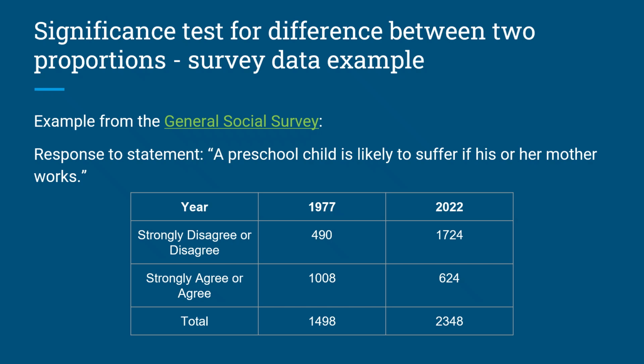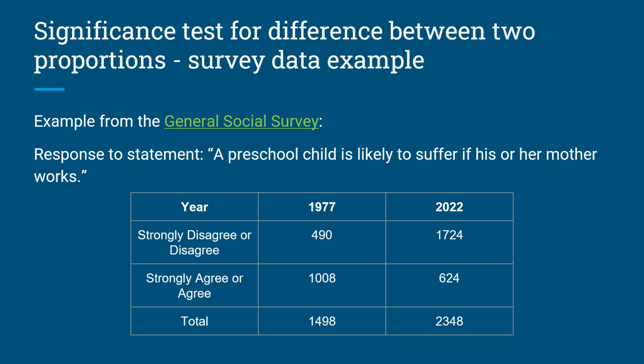Respondents can strongly disagree, disagree, agree or strongly agree. I've taken those 4 response options and just collapsed them into 2 categories: disagreement or agreement. And I'm looking at how people have responded in 2 different years, in 1977 and in 2022.